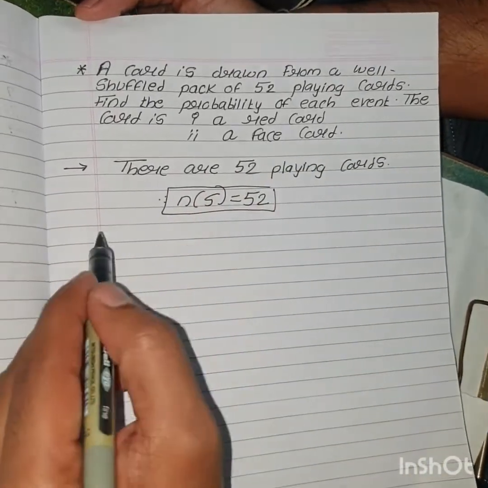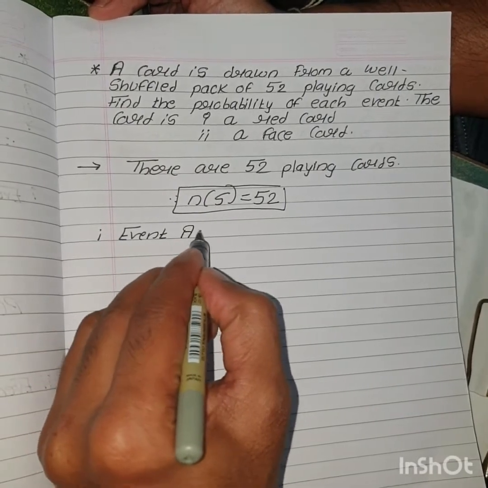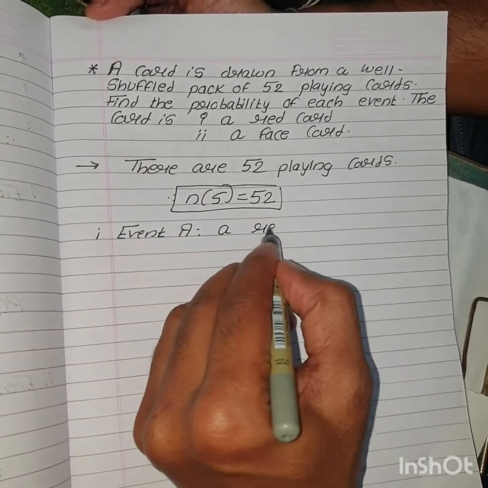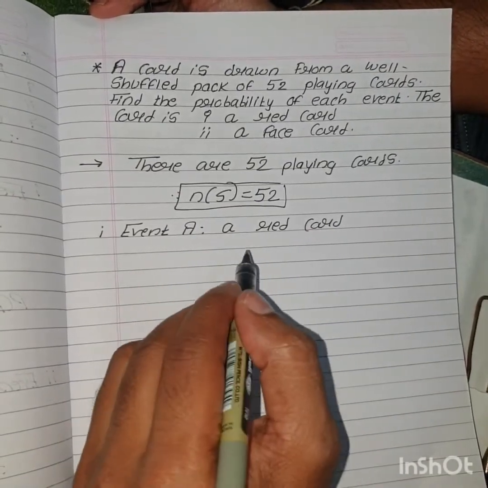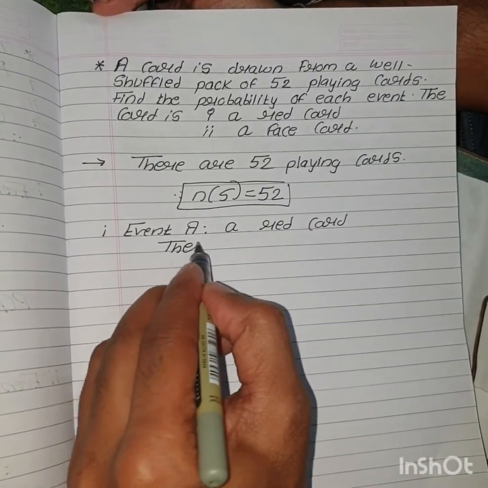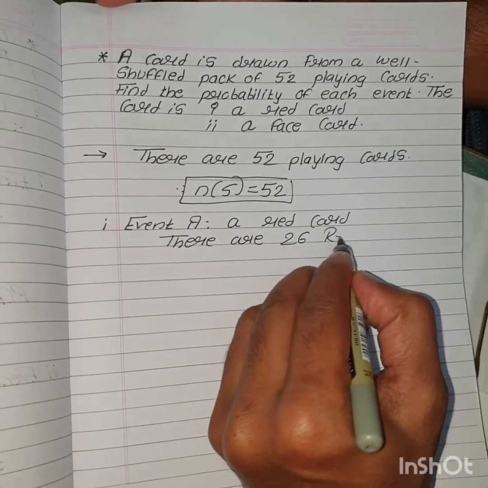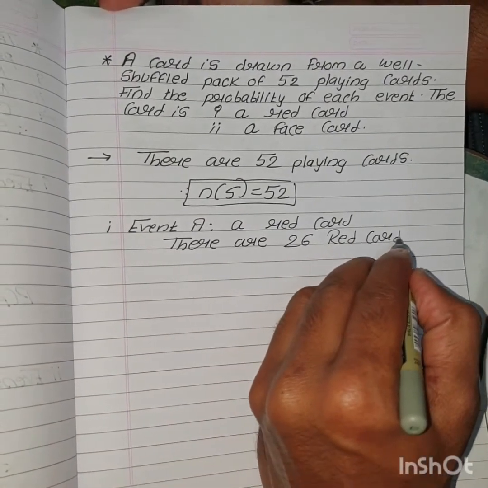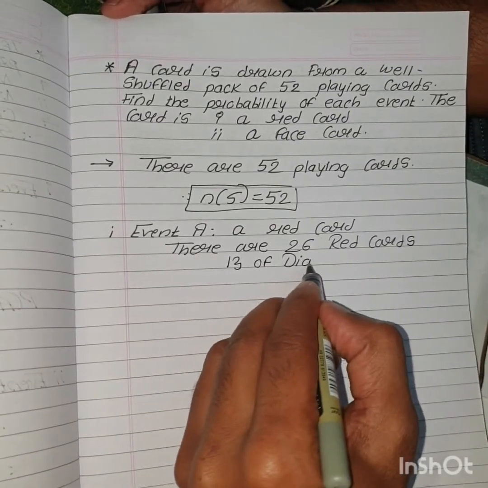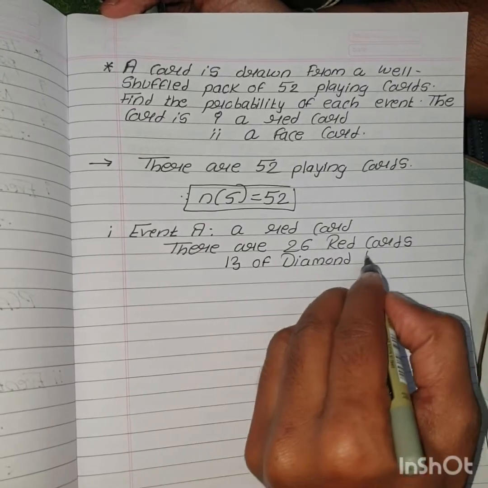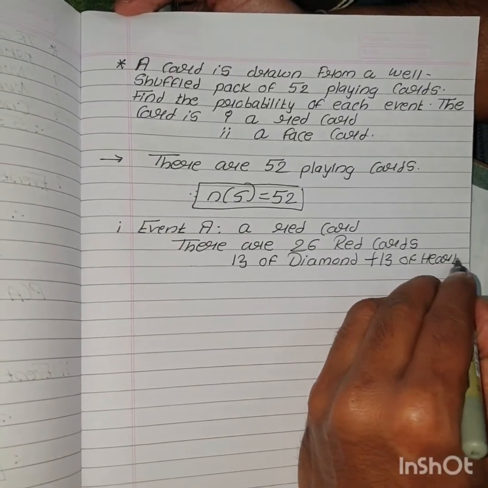Now what is the first event? Number 1, event A, red card. Now we know out of 52 playing cards, how many are red cards? 26 red cards. 13 of diamond plus 13 of heart.